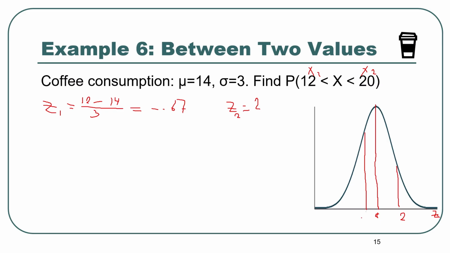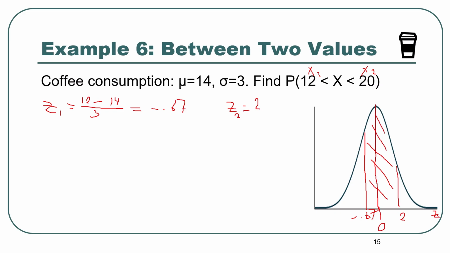So this is minus 0.67. And we know that this is my 0. So my area here, I want to calculate that in-between area.